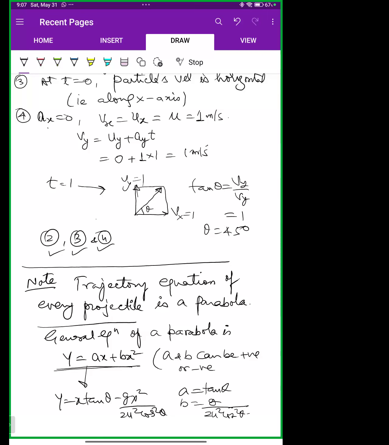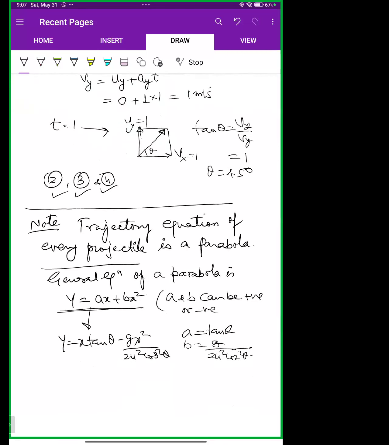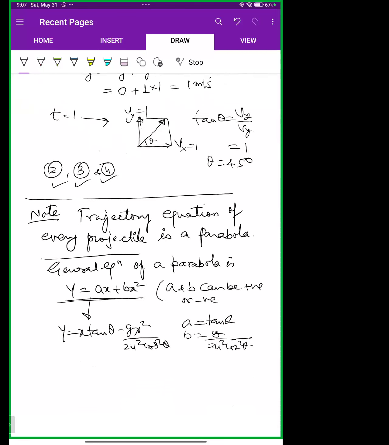B cannot be negative, but A can be negative, depending on whether it is thrown downward or upward. Those things you will study in projectile, in your parabola, when you study coordinate geometry.